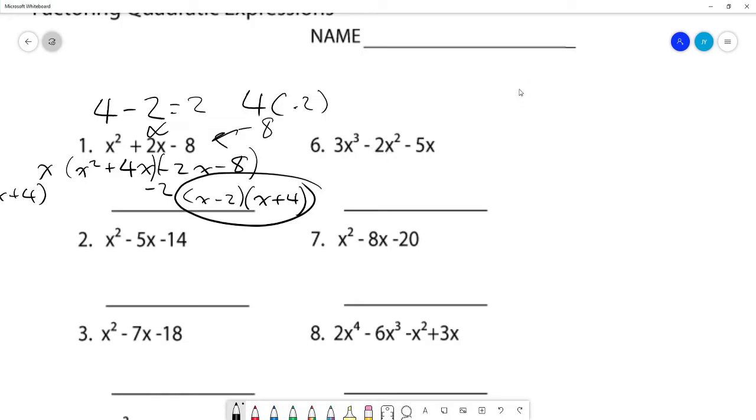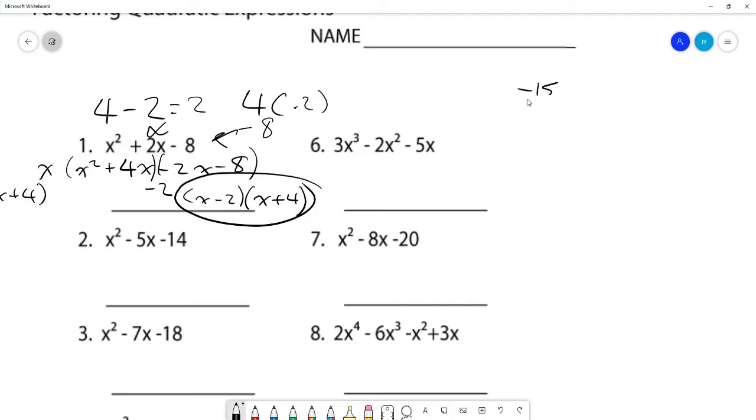So let's write this out. You could do a factor tree as well if you guys want to see that. But you also have to realize here that it's a negative number, so one of the numbers is going to have to be negative. And when added together, it's also negative, which means that the bigger number would have to be negative.